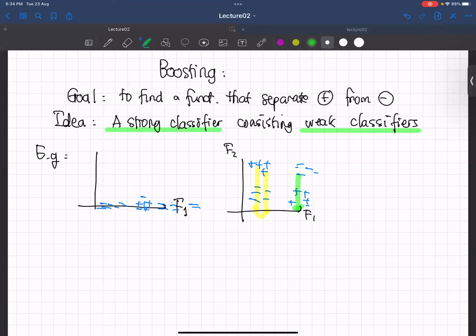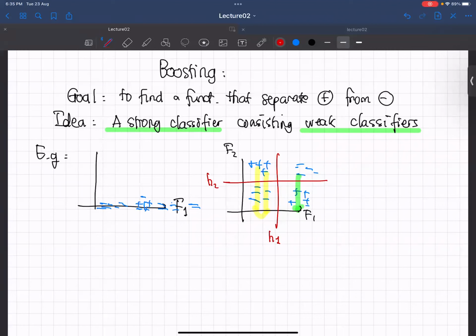Now with F2, the idea is that we want to have this line and that line. Now the dimensionality increases, so the possibility of separation will be there. Okay, so that's the basic idea of increasing your dimensionality. And in this case, this one is called the first classifier, and this one is the second classifier.